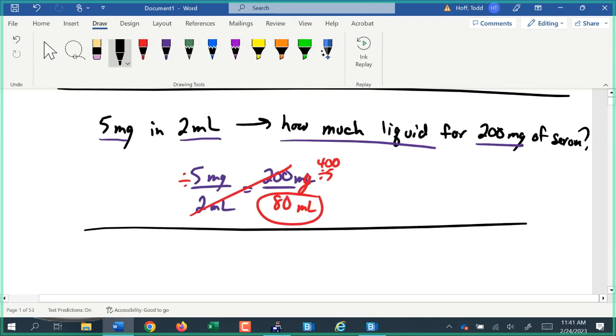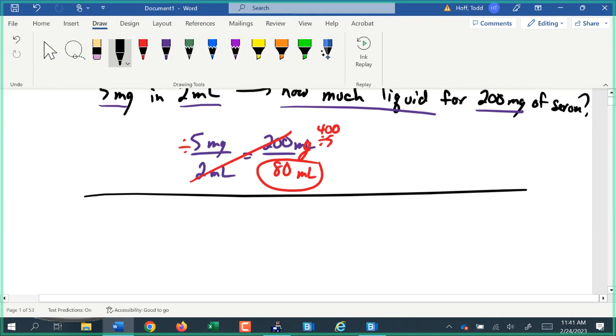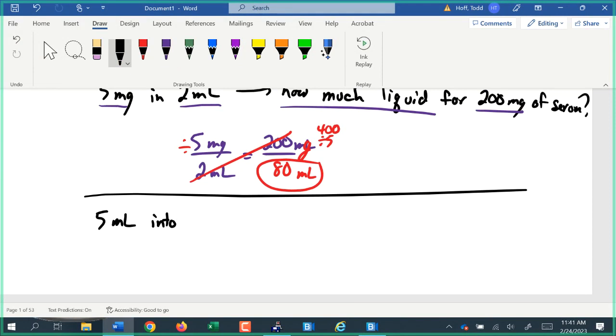So more of a true ratio would be, we're going to mix 5 milliliters of a concentrate into 40 milliliters of total solution.